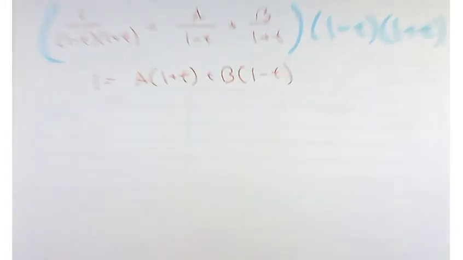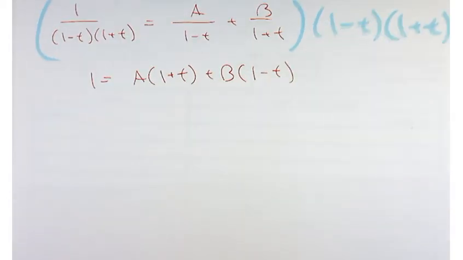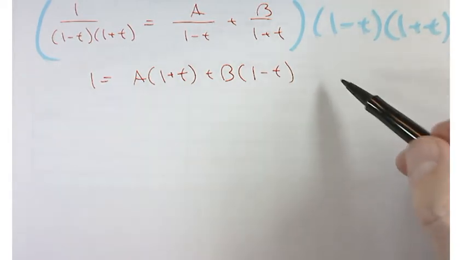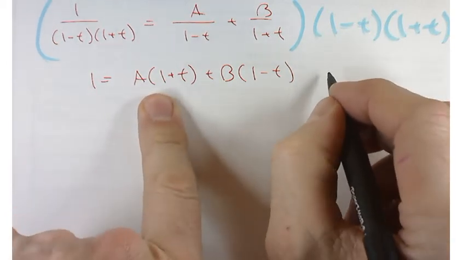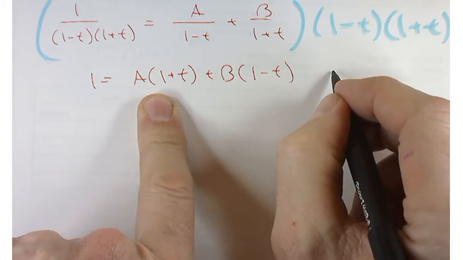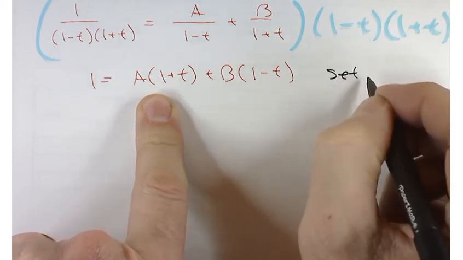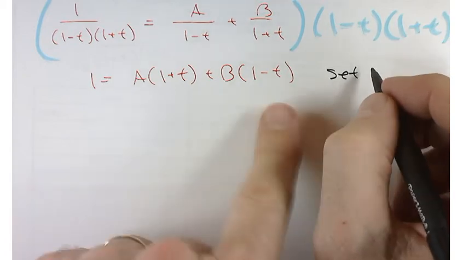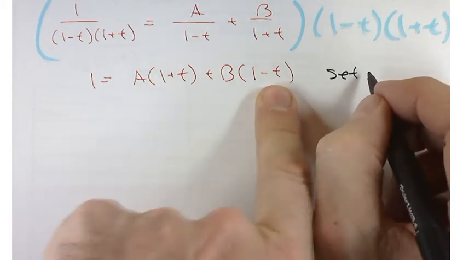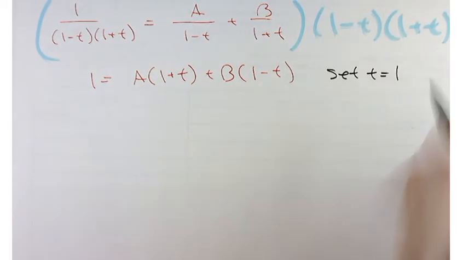Now there's a couple ways to solve this. I was poking my head in on one of my colleagues just the other day, and she didn't know the trick I taught you. Do you remember the trick I taught you to solve this? There's a couple ways you can equate coefficients, but the easiest thing to do here is to first of all set t equal to 1.